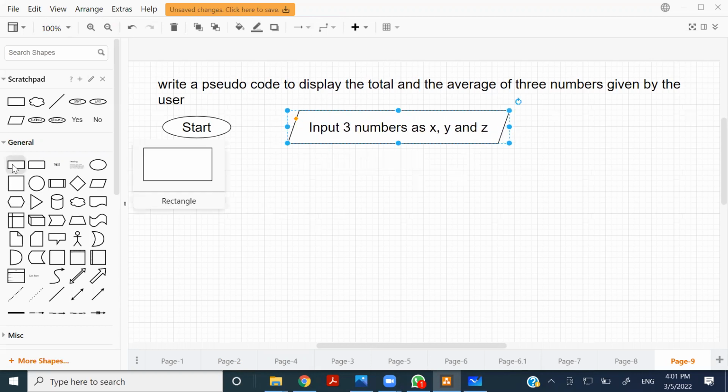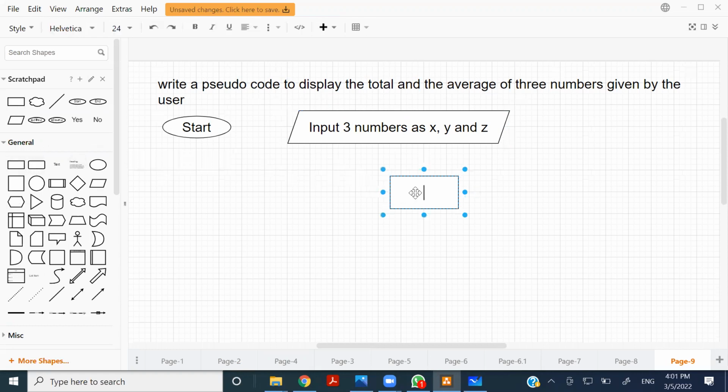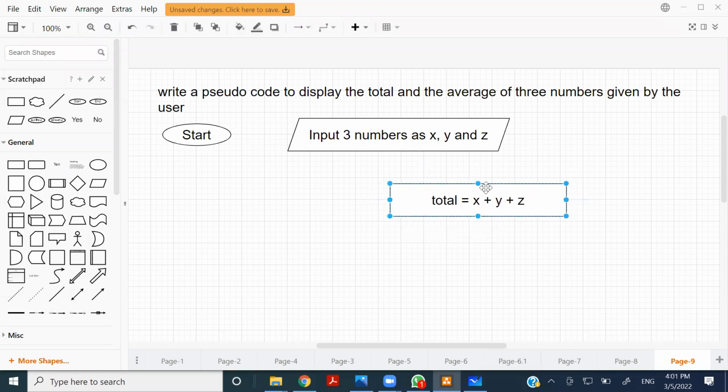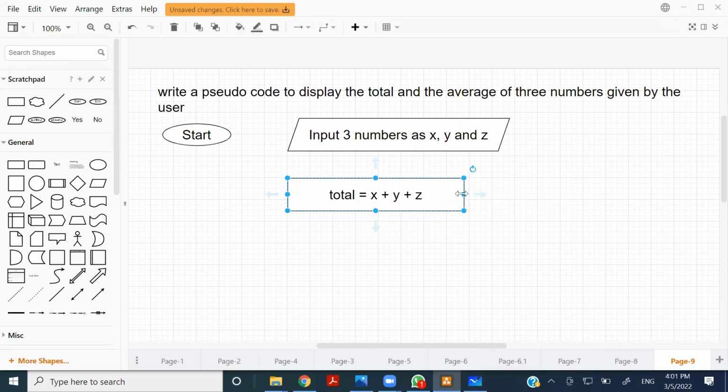Then I'm going to take the total. Yeah, I know you are asked to write the pseudocode. I'll do both. So total equals X plus Y plus Z. Right, then I can calculate the average.